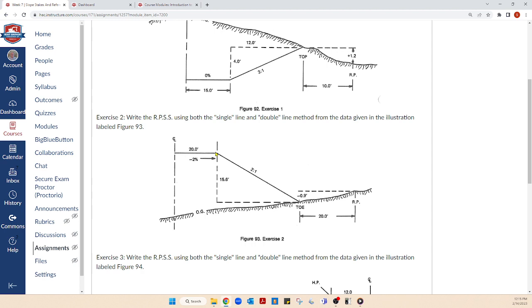Now if I want to, I can say, and then fill, what's 2% over 20? 0.4. I can say fill 0.4 at 20, or I can say 2% at 20 feet.